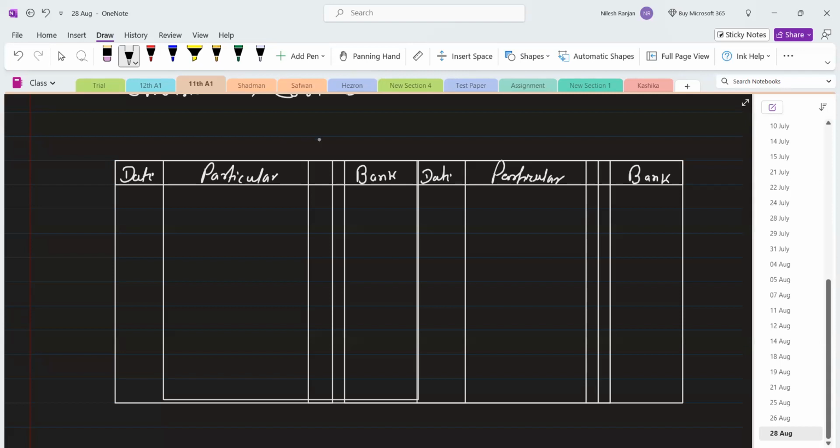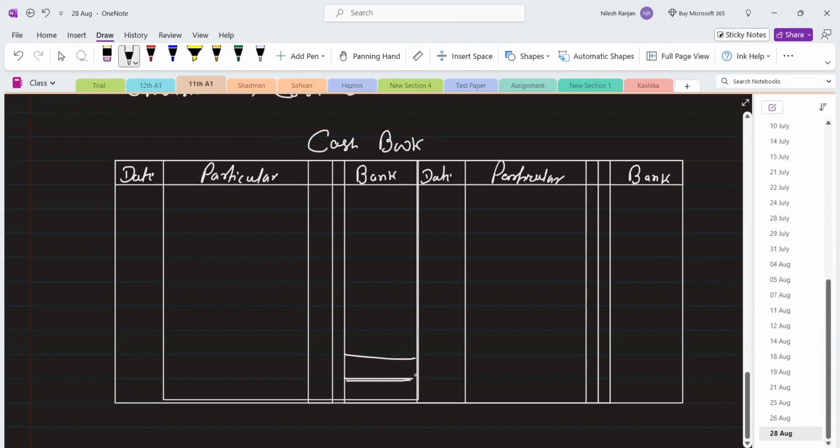So this is the format of cash book. Now, if you have to adjust any item, any omission or mistake related to cash book, then you'll do it here. After that, when you calculate the balance, this adjusted balance will be used for preparing bank reconciliation statement.